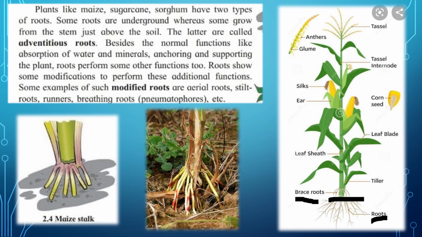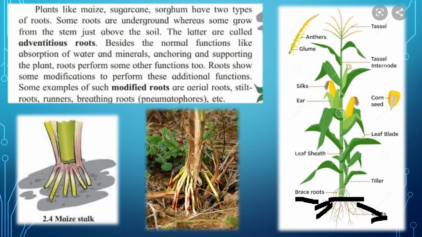When the wind blows, as this is monocotyledonous, these are fibrous roots. They do not go deep inside the soil. They spread only below the soil in every direction. So when the wind blows, there is a chance that this plant may fall down.